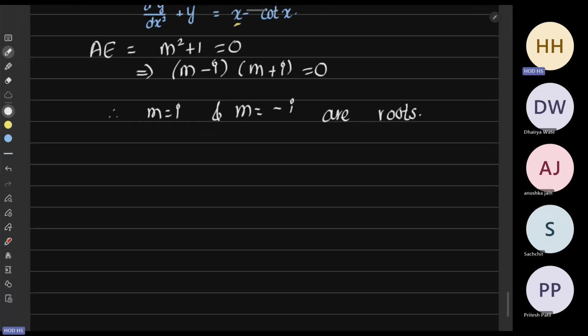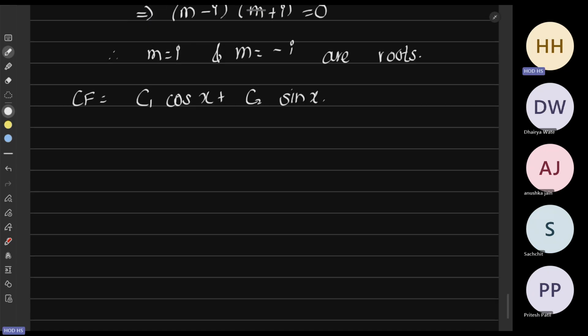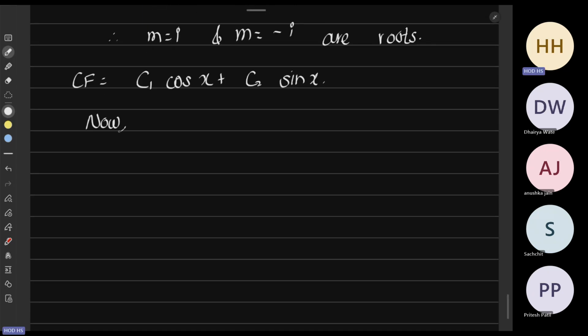Since I have complex roots, my complementary function is given by C1 cos x plus C2 sin x. Now the particular integral is 1 upon f of D times Q of x.